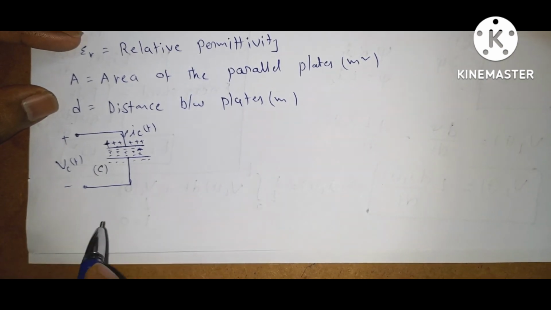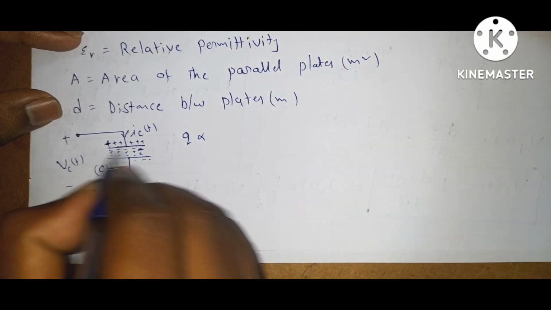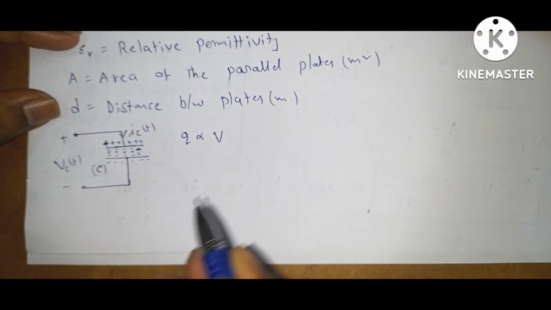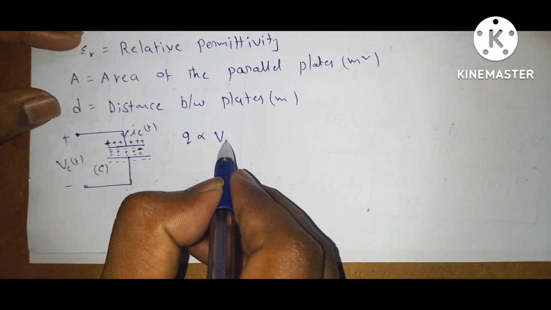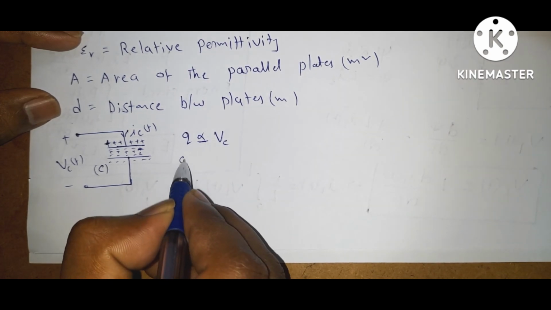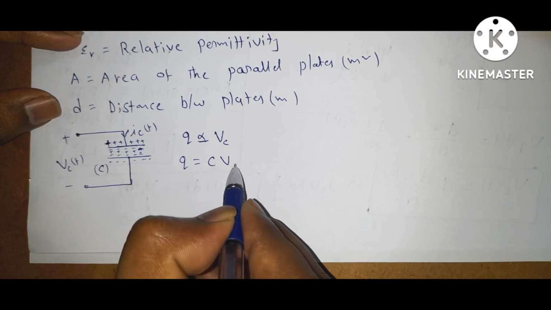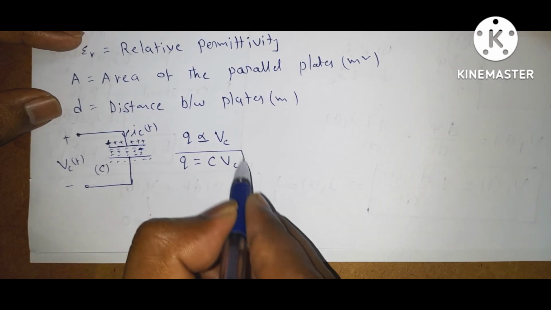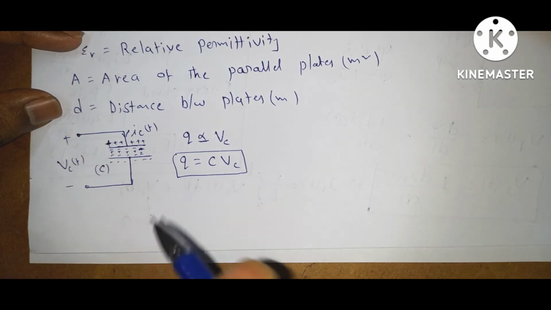This charge Q is directly proportional to the applied voltage or voltage across the capacitor. To remove this proportionality, we replace it with a constant, that is Q is equal to C VC. You can write Q of t is equal to C into VC of t.